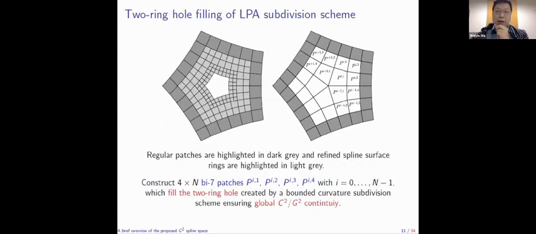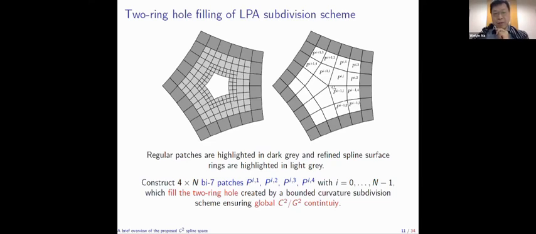The main purpose of this work is similar to the previous talk. However, we will fill in this two-ring extraordinary surface patch hole with polynomial splines, with which we can achieve C2, G2 continuity.